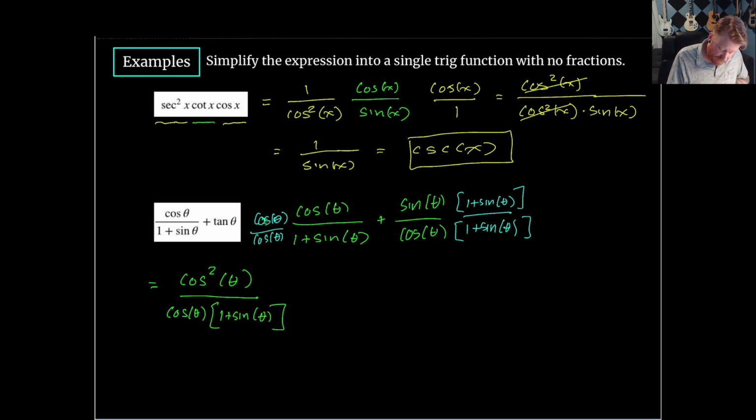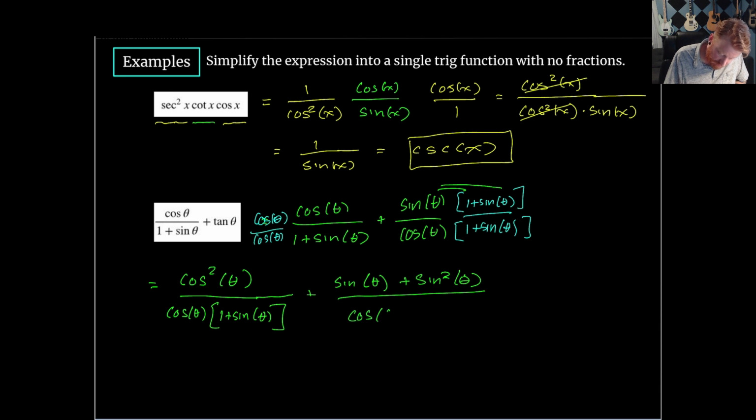I'm not going to multiply that out quite yet, just because we might see something that cancels with the numerator and the denominator, so keeping things factored in the denominator might be an advantage here. And then we'll have plus, I will distribute this as I write it. We're going to get sine theta plus sine squared theta all over our common denominator now, and I could have maybe just written this over the common denominator to start with, but I didn't want to skip too many steps here.